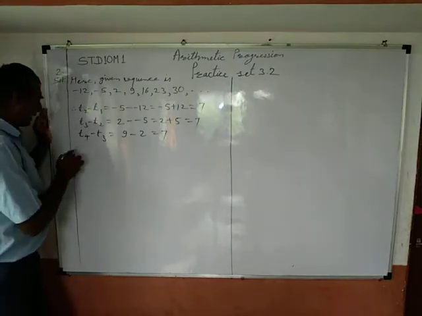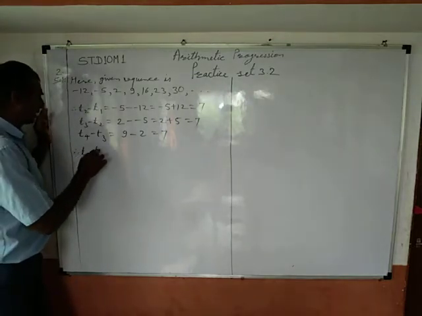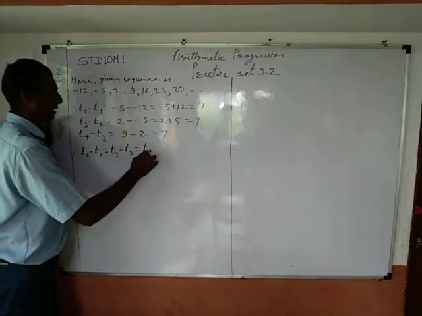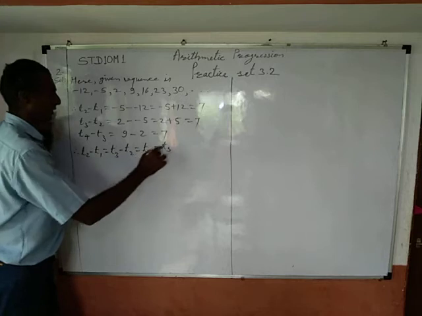And therefore T2 minus T1 equals T3 minus T2 equals T4 minus T3.